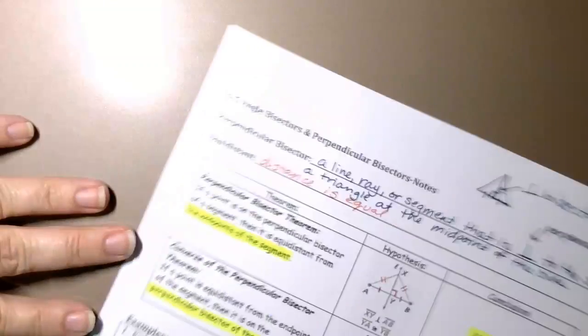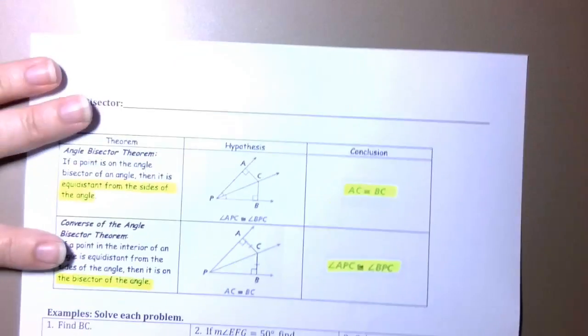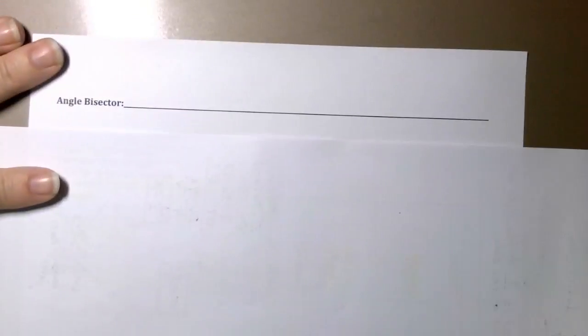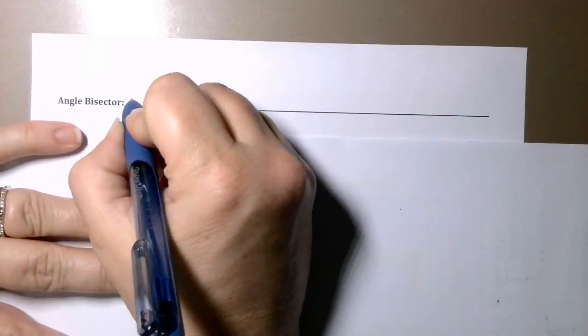Okay. Where's my backside? Here we go. Angle bisector. What's an angle bisector?